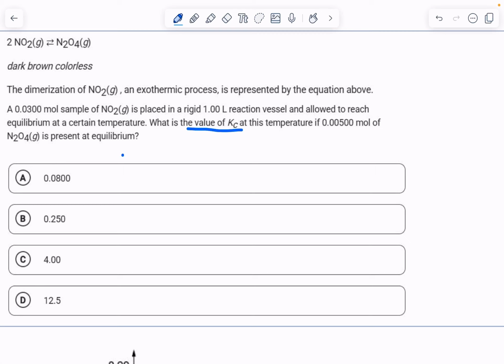First thing I'm going to do is write my Kc expression. That expression is going to be products over reactants. So we're going to have the concentration of N2O4 over NO2 squared. I get the squared from the 2 right there, and it's products over reactants.